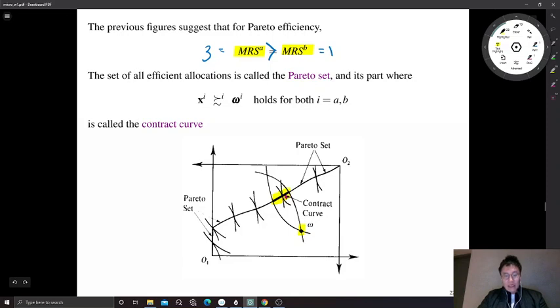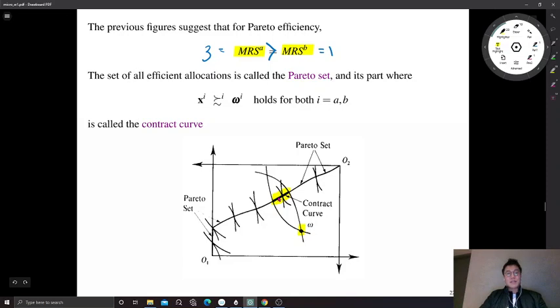Any allocation on this curve is better than the initial endowment to both consumers, right?